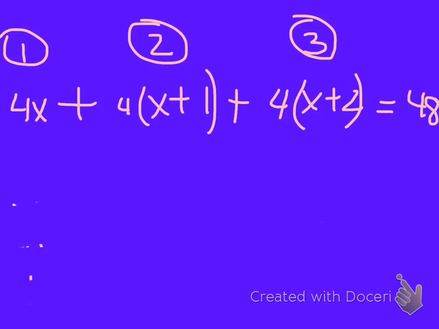This is 4x. And then this will be 4x plus 4. Good. And this will become 4x plus 8.